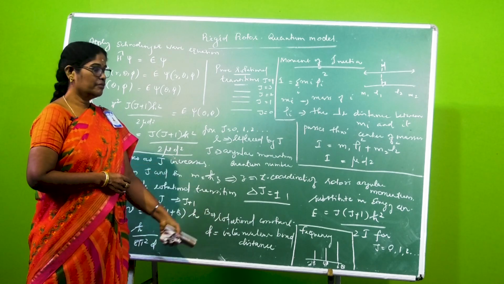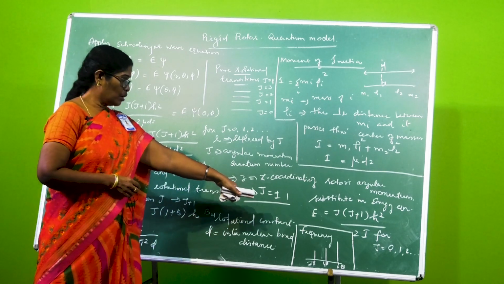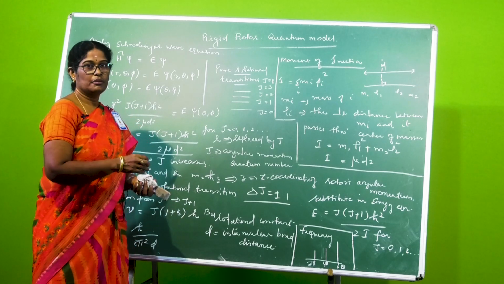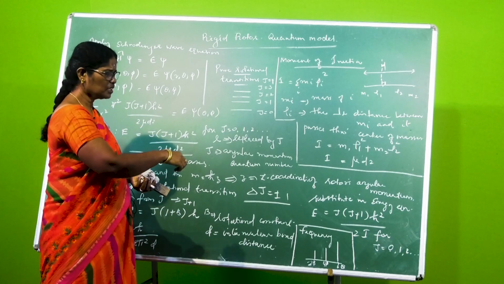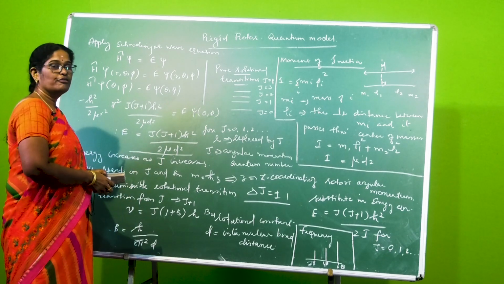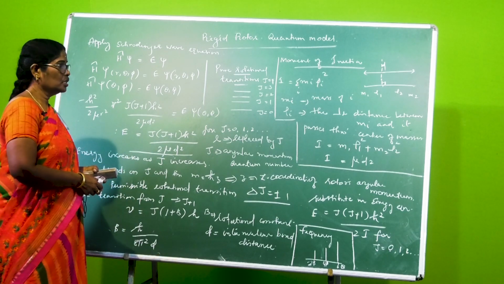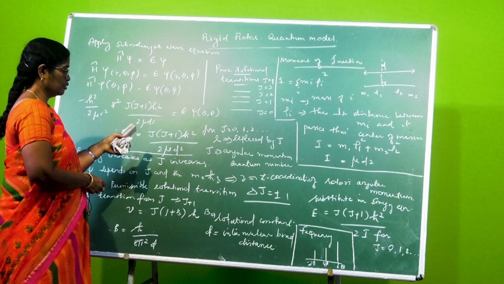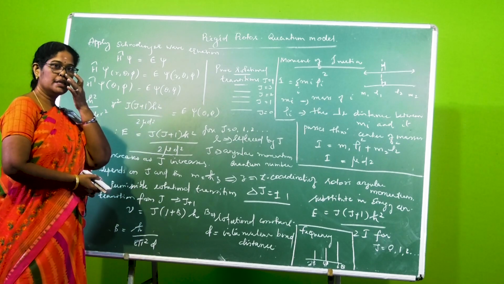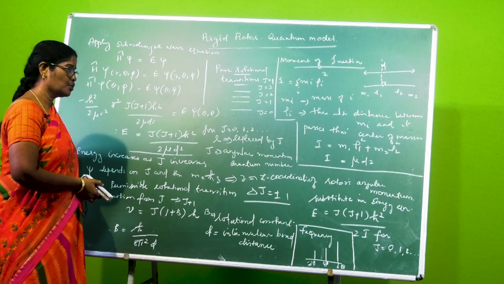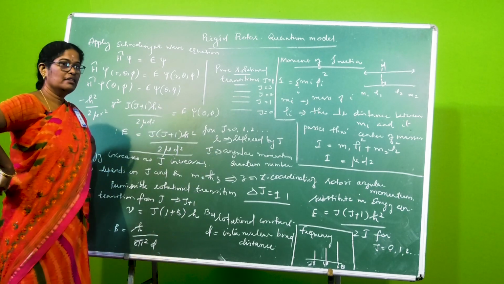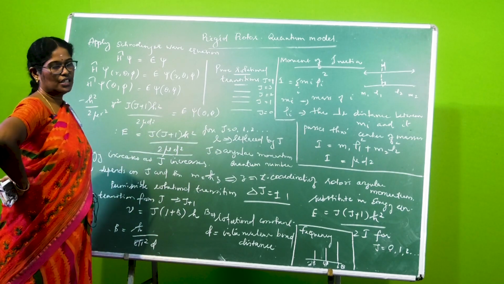Whenever the energy expression is written, it has to be specified with the possible values of J. So J can take the values 0, 1, 2 and so on, and based on the values of J and the spacings of J, you will understand how the frequencies of such energy transitions are associated.